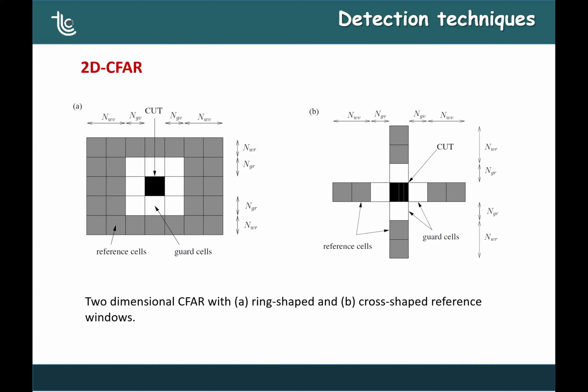It means that, suppose that we consider the square in the left-hand side figure, instead of using all the gray cells, gray samples, to estimate the power, you work only on the horizontal dimension, and then you move from one horizontal line to the other, because changing the vertical position, going from the bottom cell to the upper cell, we are moving from one Doppler bin to the other Doppler bin.